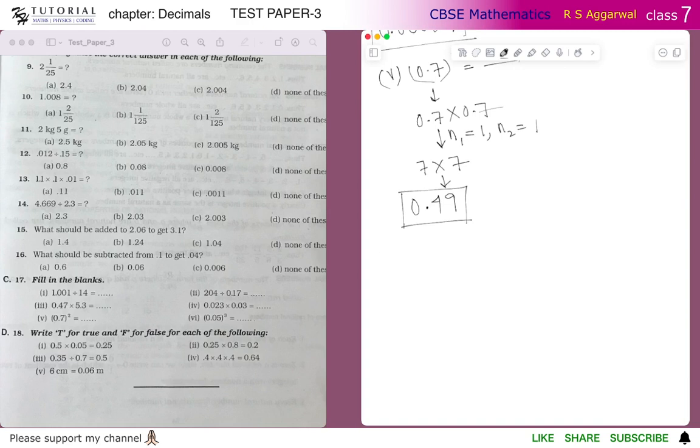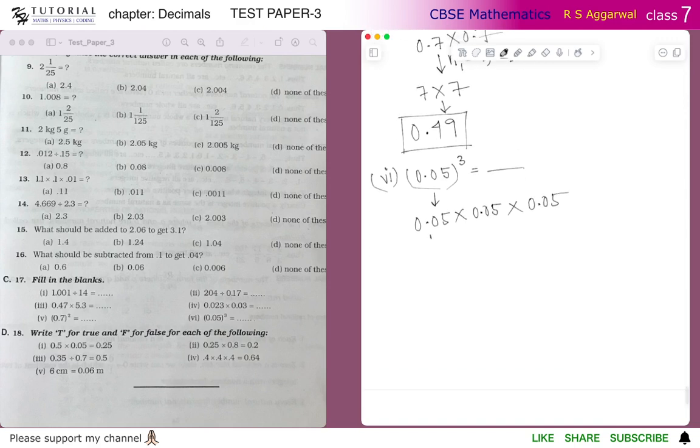Okay, 6 says 0.05 cube. So this is nothing but 0.05 multiplied by 0.05 multiplied by 0.05. So we have a product of 3 decimal numbers. So the procedure is the same. Over here all the decimal places will be 2.